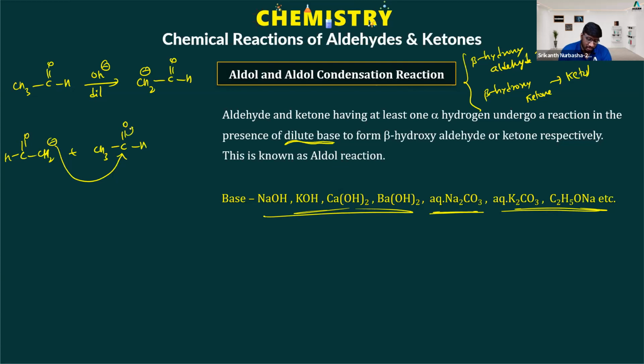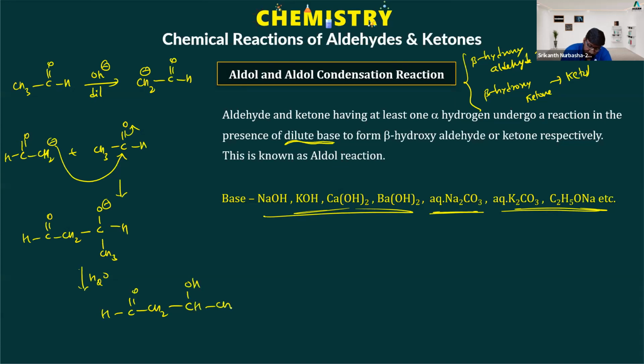As soon as it attacks, the C=O pi electron density moves away. You will generate an intermediate where the carbon is connected to O minus and also to CH3. It picks up the proton from the solvent, forming OHC-CH2-CH(OH)-CH3.